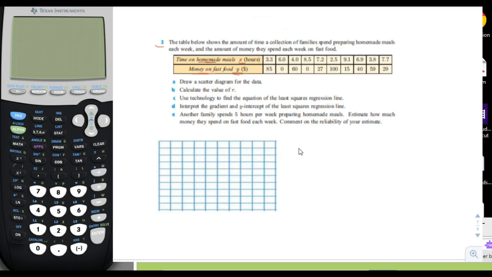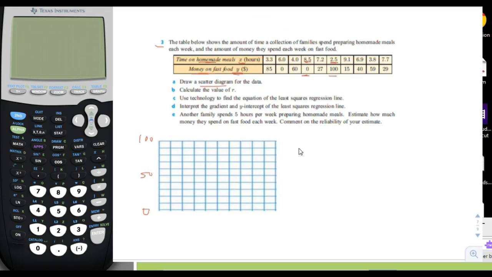So we're going to do a scatter diagram first, which we've done several times already. Let's see what the lowest and the highest number is. 2.5 looks the lowest. The highest looks to be 8.5. And then for the y value, 0 seems to be the lowest. And the highest value is 100. Okay? So the y value is going to range from 0 to 100.